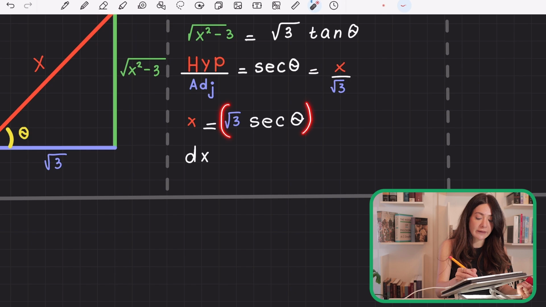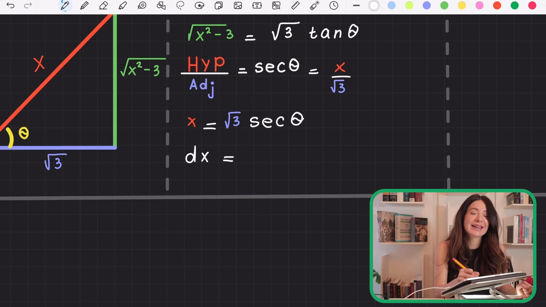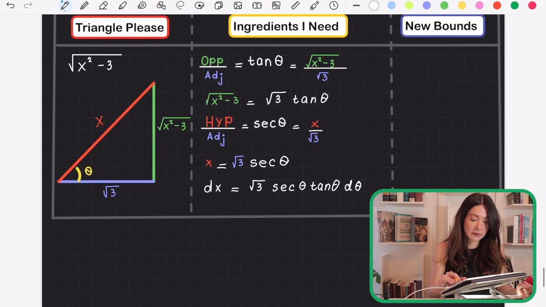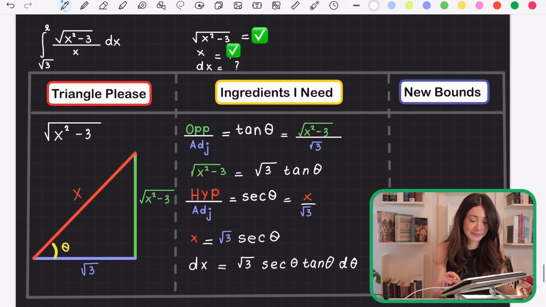So what is the derivative of x? Well, the derivative of secant, if you don't remember that, is secant theta tangent theta. And then you keep the coefficient. Tangent theta d theta. Don't forget d theta because this is calculus 2. You're going to need that d theta.